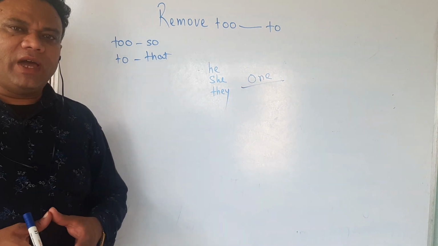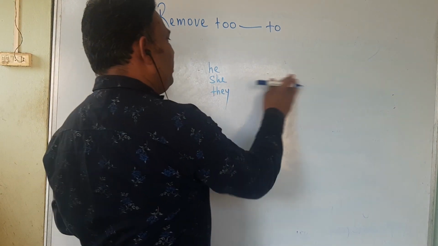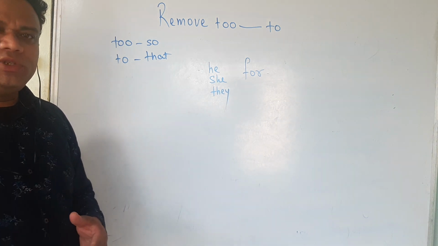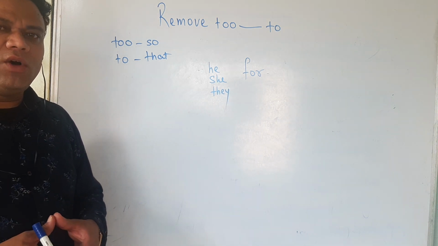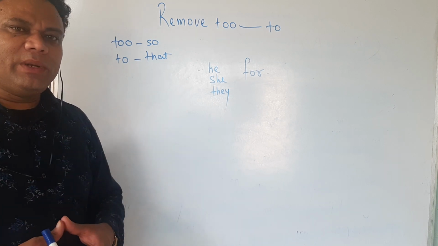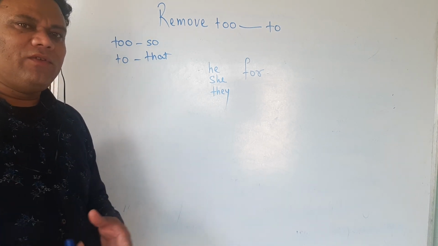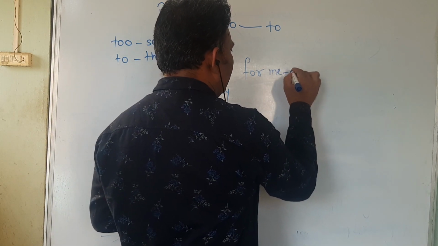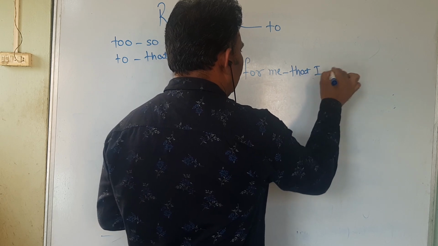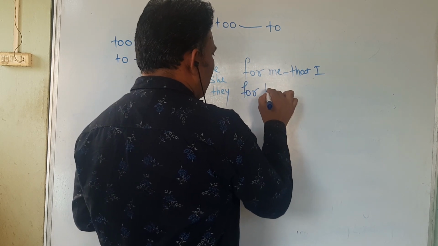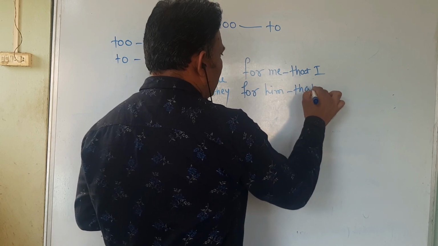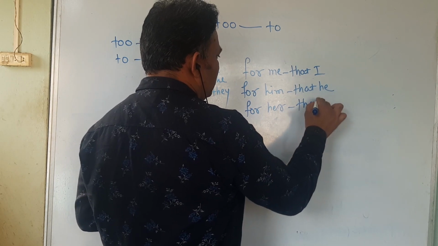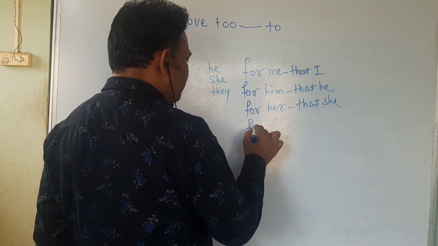And sometimes we find that after the preposition for, a pronoun is given in the objective case. So if we find the pronoun in the objective case after the preposition for, then we have to change it as follows. "For me" will be converted into "that I". "For him", "that he". "For her", "that she".